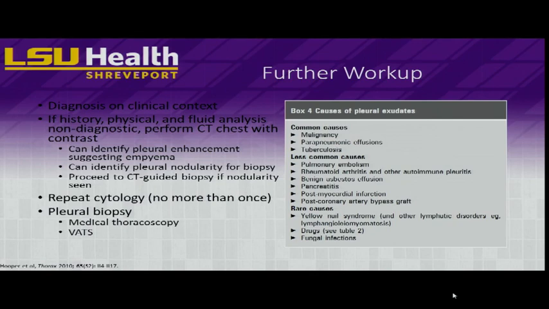So things like pulmonary embolism, autoimmune diseases, benign asbestos effusions. These you'll generally have a history that will suggest that these would be a possibility. And if you get an exudative effusion with no evidence of malignancy and no evidence of a pleural space infection, then you can be pretty confident that those are what's going on if you have the appropriate history.